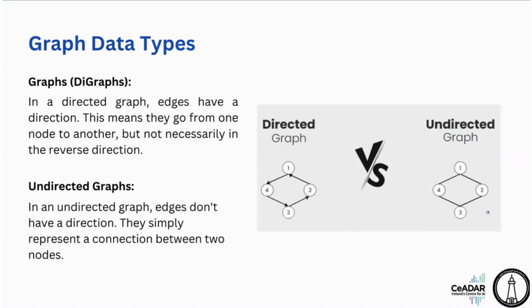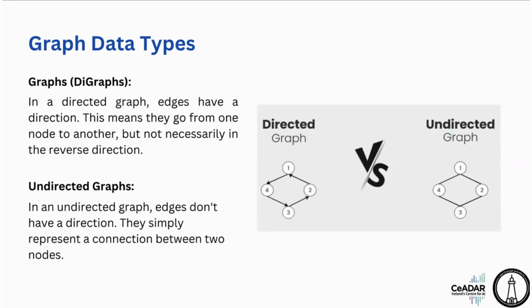There are two different types of graph data: digraphs, also called directed graphs, and undirected graphs. A directed graph has a direction, pointing from one node to another node directly, and it can also have a reverse direction as well.